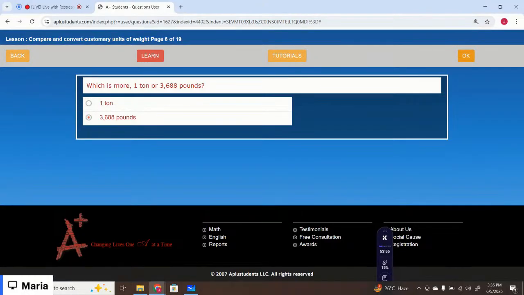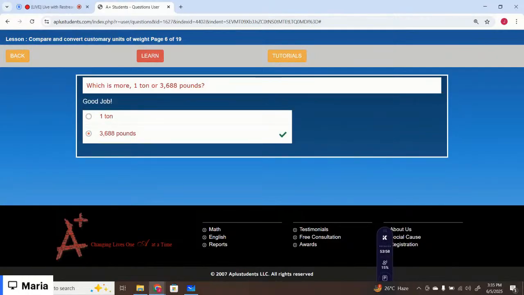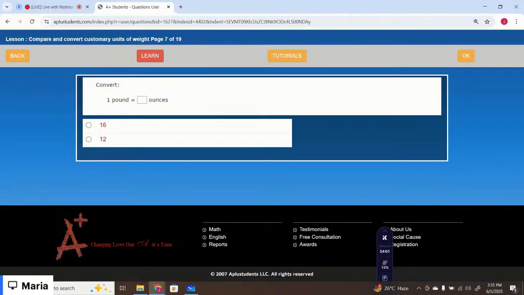Option number two is the correct option. 1 pound equals how many ounces? 1 pound equals 16 ounces.